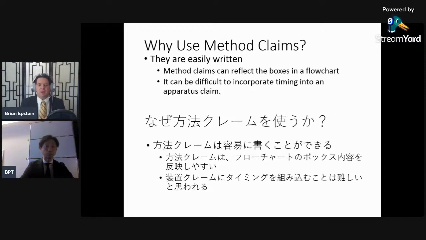So we're talking about language like if, or in response to, or based on. And that is a lot easier with a method claim, where the steps, the operations themselves, are the elements. And so it's easier to create antecedent basis and to refer to previous steps.